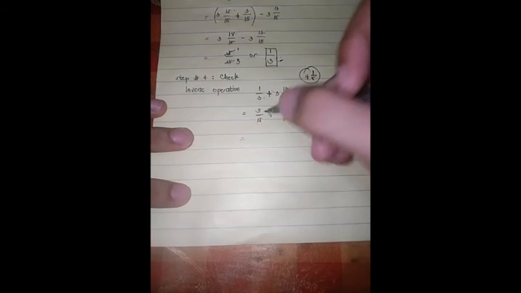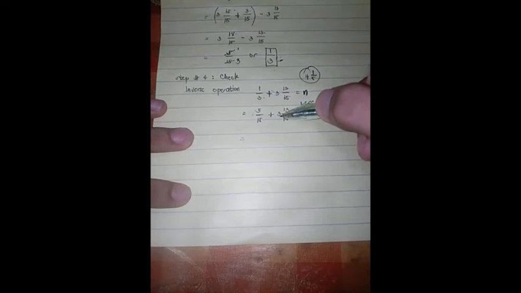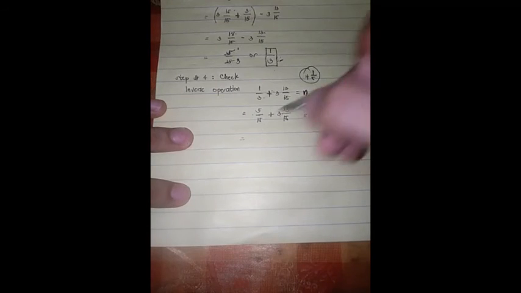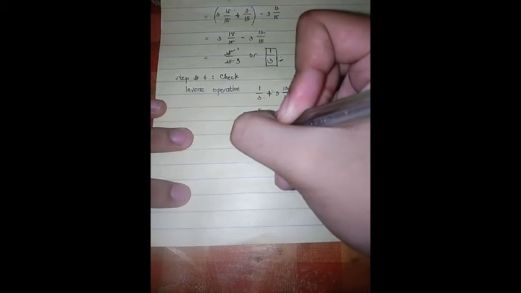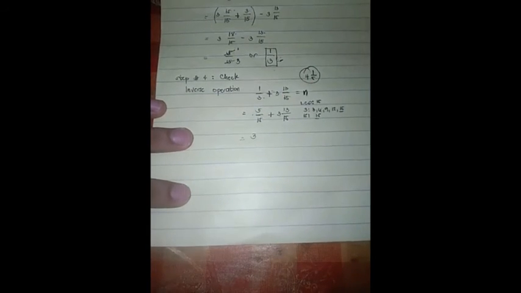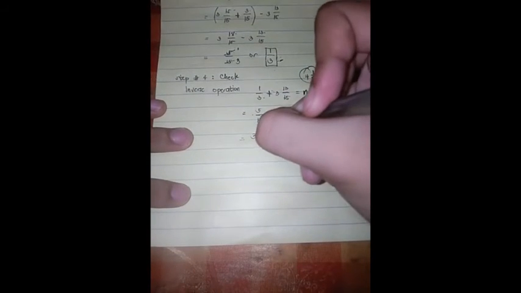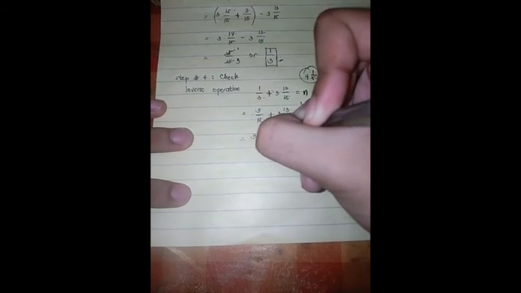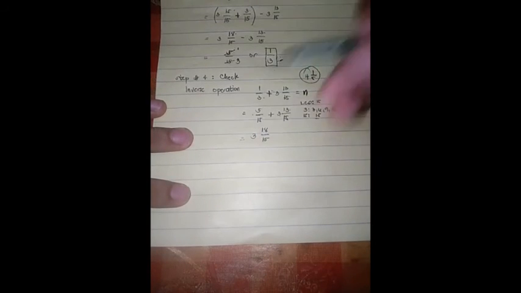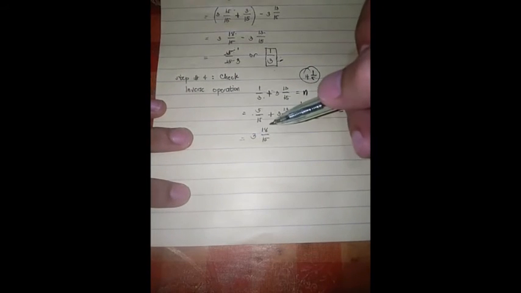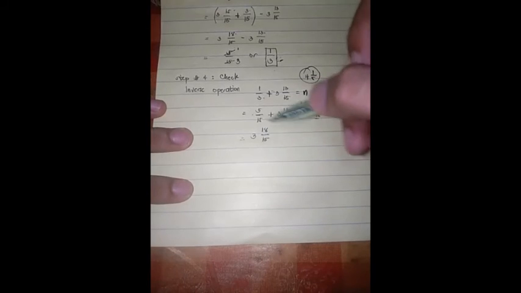So wala tayong whole number sa addend, therefore kokopyahin na lang natin si whole number sa subtrahend. So meron tayong number 3. So next is i-add natin tong fraction. So 13 plus 5, we have 18. Then copy the denominator, which is number 15. So this is now our partial answer or partial sum.